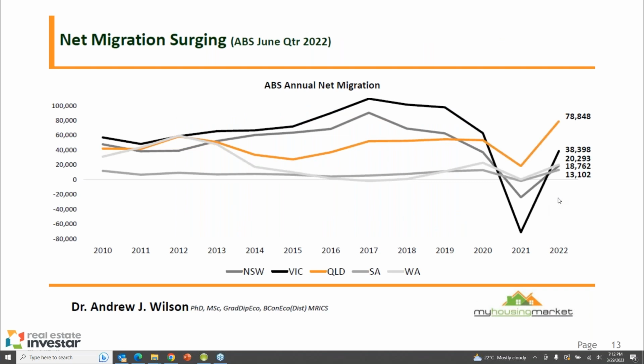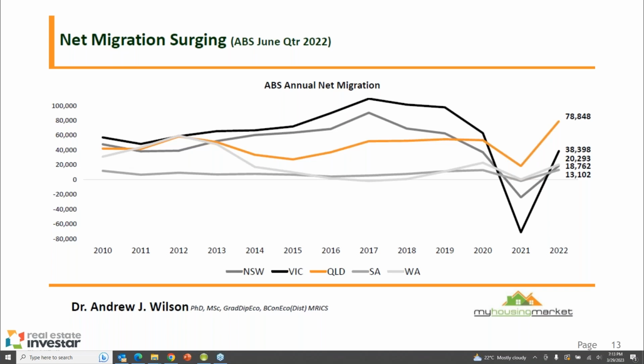And you can see the migration there, really the interstate migration spiking upwards over the last 12 months. And especially, as you can see there in Queensland, the orange line, the fastest growing region in Australia. And there's a number of reasons for that. It's lifestyle, I think more affordability, and we're really in changing market conditions.